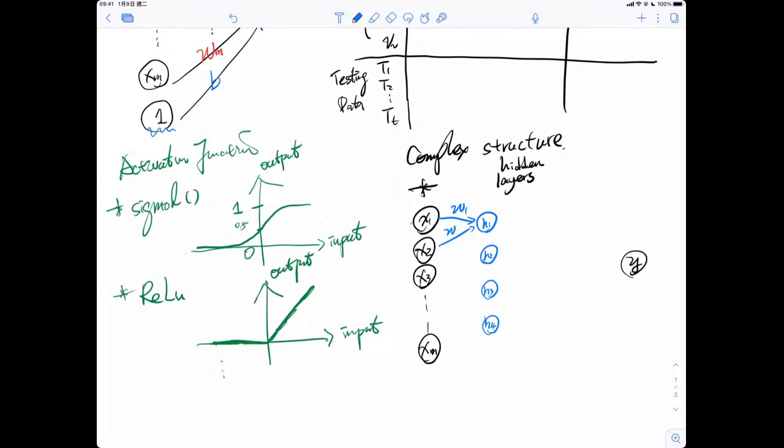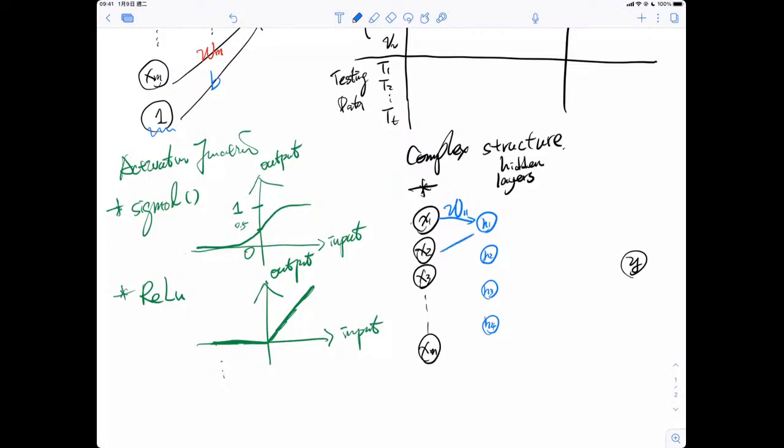In this case, maybe we have to write it in this way. Sorry, let me write it again. W11 means the weight between X1 and H1.